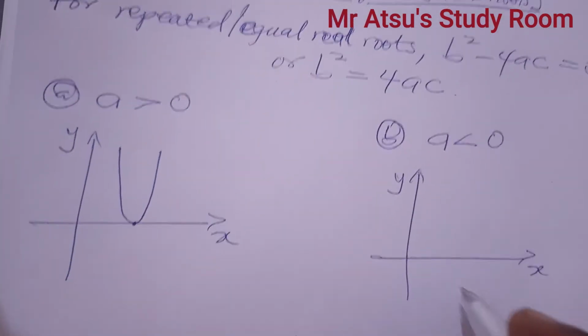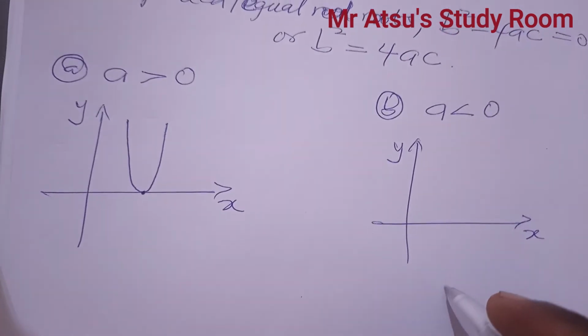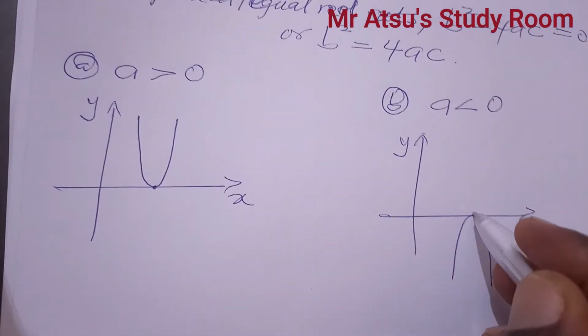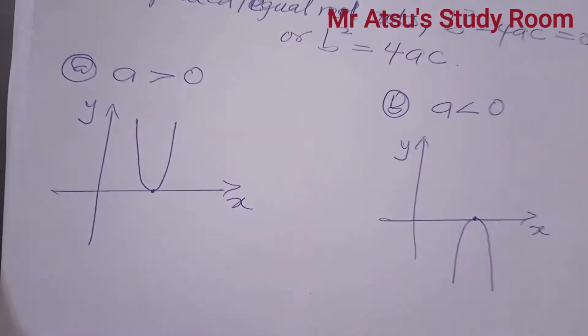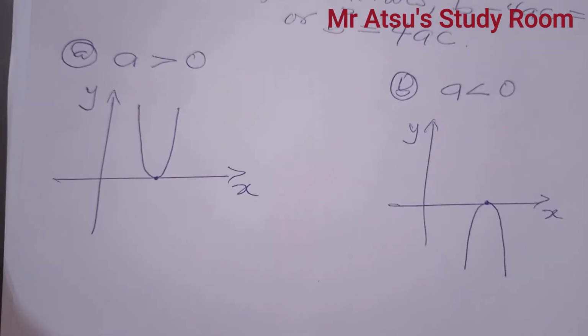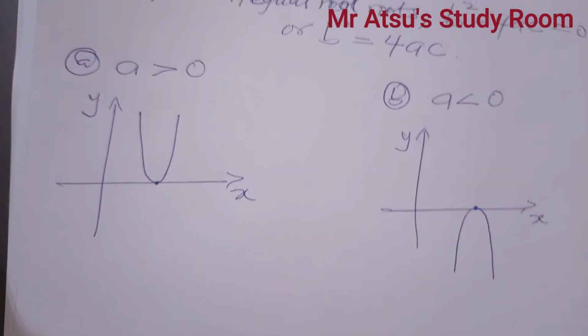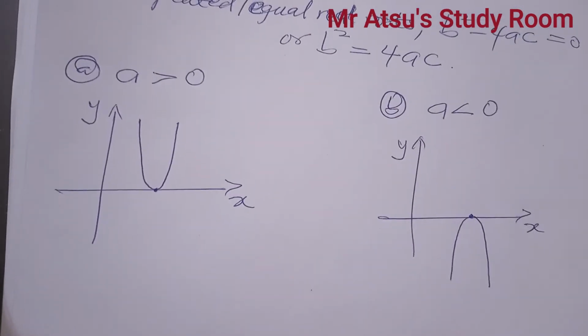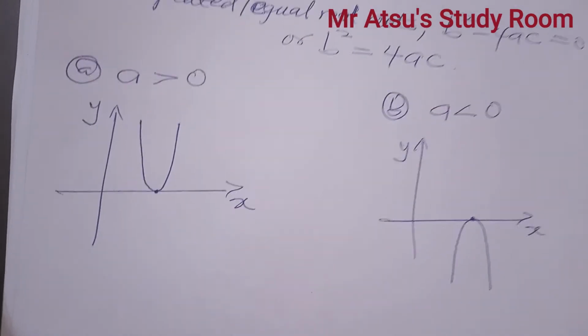Then let's say our graph looks like this. It will only touch the x-axis. The highest point or the maximum point of the graph will only be on the x-axis and not cut it.